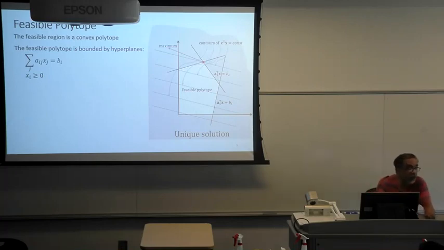Maybe it's being minimized along this direction. And so this would be the optimum solution, the red dot, the minimum. Sorry, it says maximum here, it's the minimum. It will always be one of these corner points.